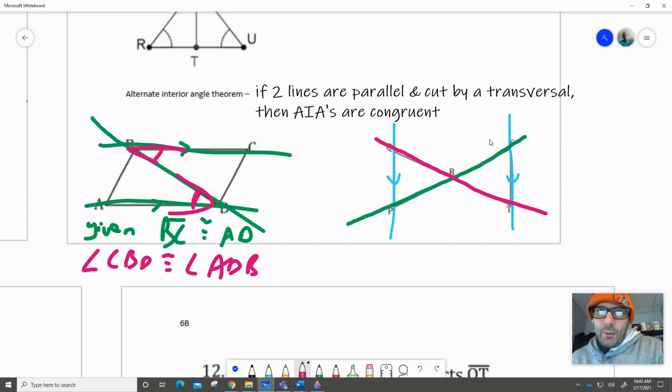And now this angle Q is alternate interior to angle T, and this angle P is alternate interior up here to angle S. So if these two lines are parallel, we can make P congruent to S, and we can make Q congruent to T by the alternate interior angle theorem right there.